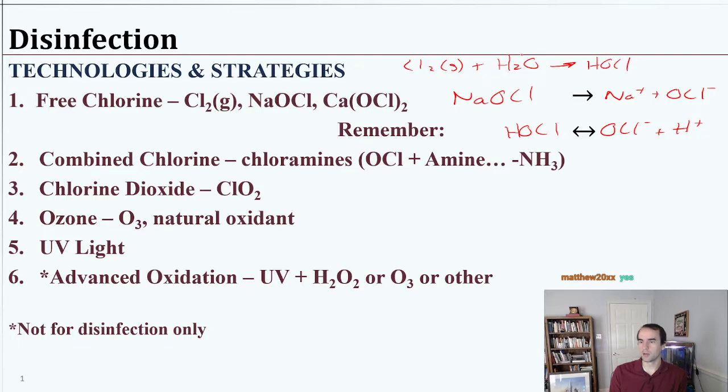So we took an H and an O from the water, got a Cl from the chlorine, and then we get H plus, because there's one extra H there, and we get a Cl minus. So if we apply chlorine in the gas form, we are actually acidifying the solution a little bit. So something to keep in the back of the mind for chlorination applications. Depending on how you're adding it, you might be causing a little bit of extra acid if you're relying on that reaction with water.